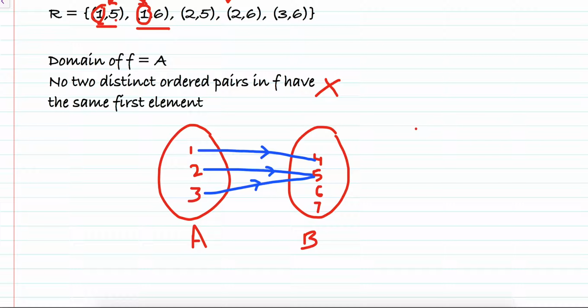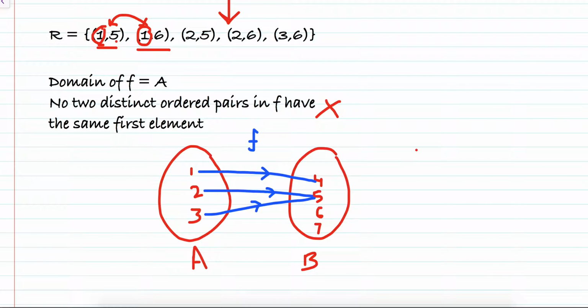So is this a function? So here 1 has how many images? So 1 is mapped to 4, 2 is paired with 5, and 3 is also paired with 5.